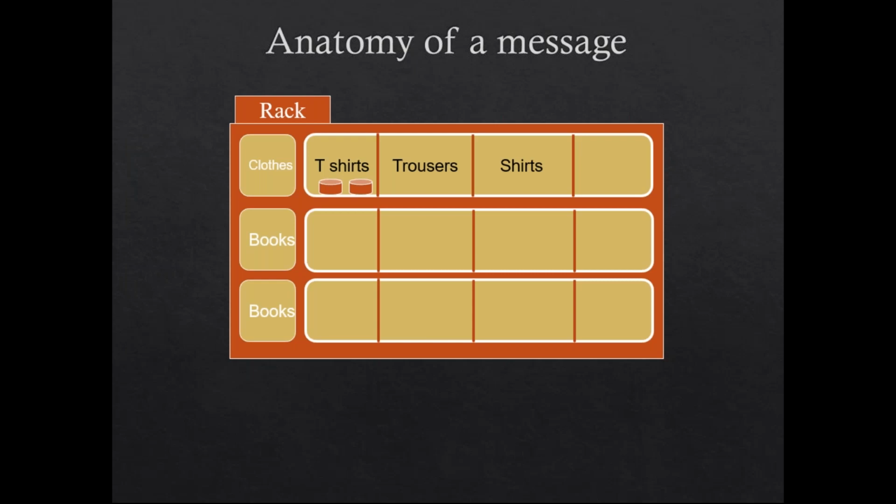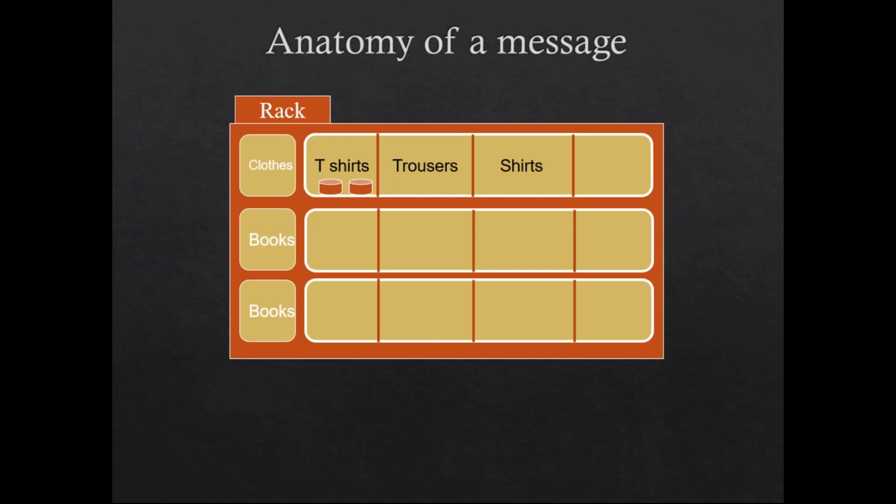There is a rack at our house, and in that rack we decide that the first rack will have clothes, the second rack will have books, and the third rack will have something of that sort. And within the first rack there are again different components, where we say that first we'll have t-shirts, second we'll have trousers, and the third compartment will have shirts.